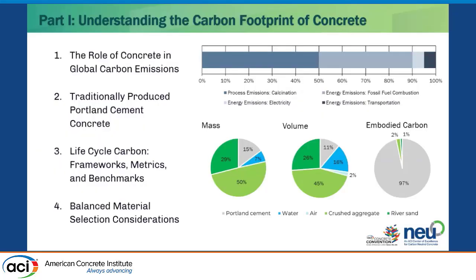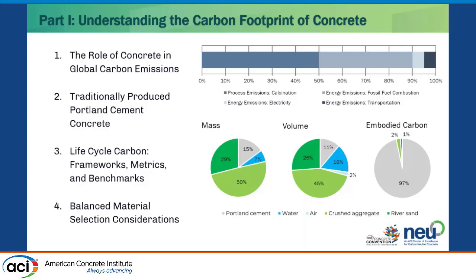If we have a closer look at Part 1, understanding the carbon footprint of concrete, there are 4 chapters. The first chapter is devoted to the role of concrete in global carbon emissions, talking about how it contributes, the carbon numbers, and even roadmaps, etc. Chapter 2 discusses traditionally produced Portland cement concrete.